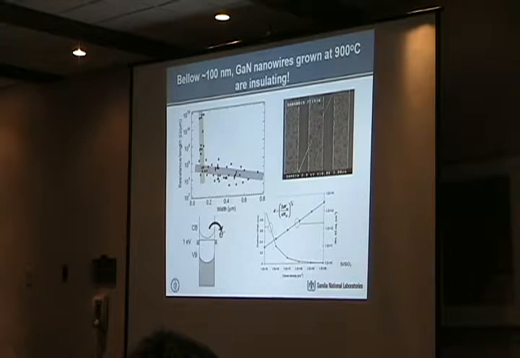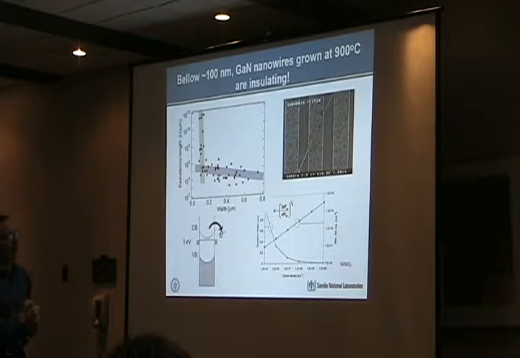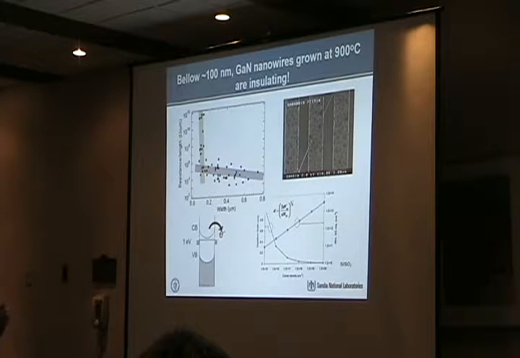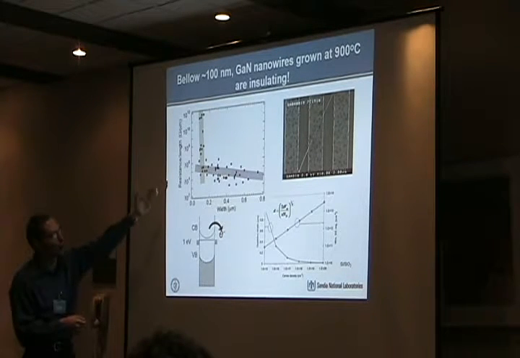We can furthermore look at the resistance of the nanowires as a function of dimension. I have shown you already that by doing this metallization, on larger diameters we get nice ohmic contacts. However, what we see is that as the width of the nanowire decreases below about 100 nanometers, the resistance shoots up very, very sharply. And if you notice, this is on a log plot.